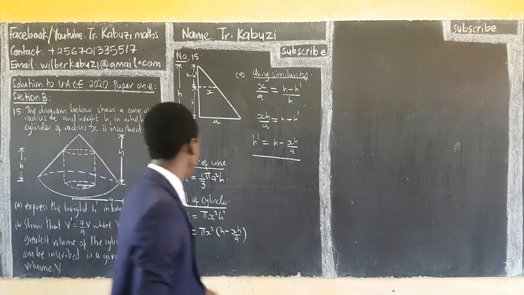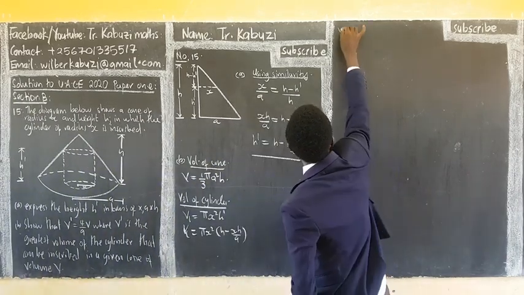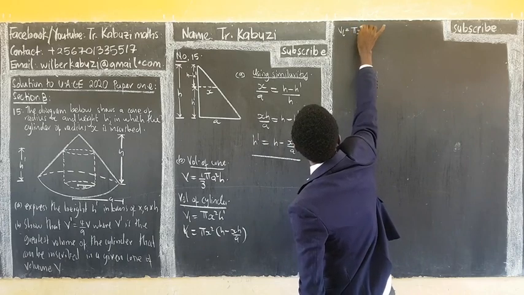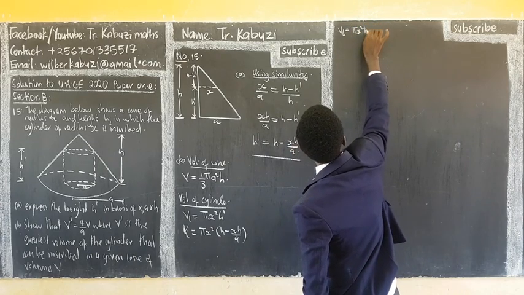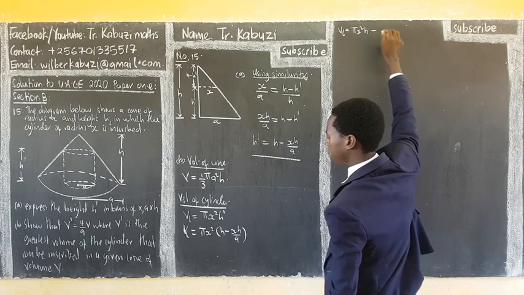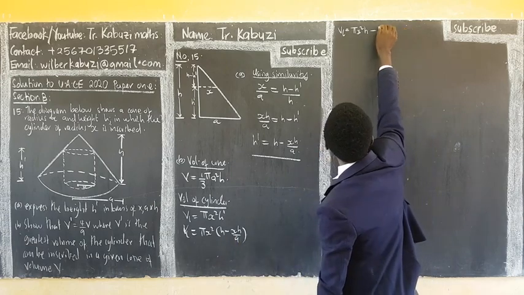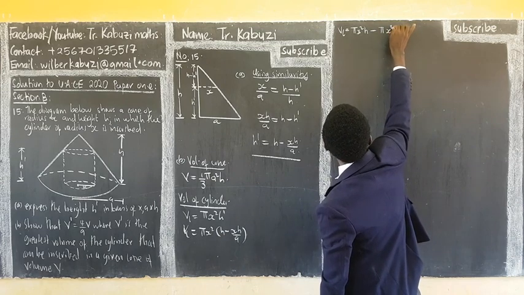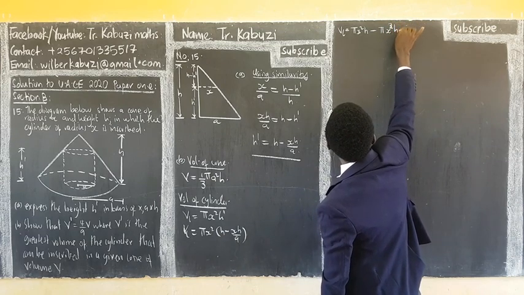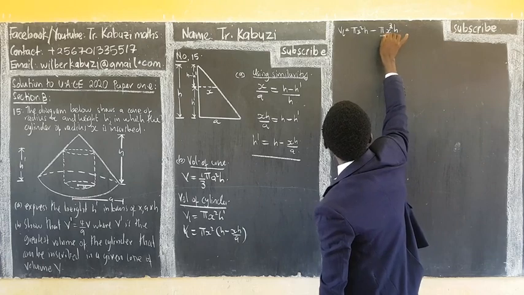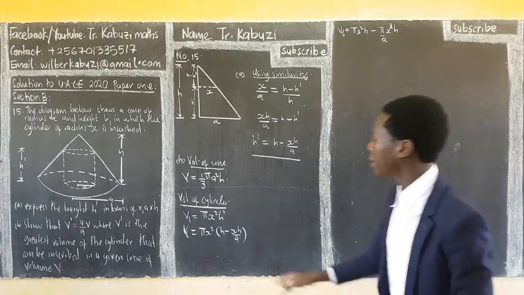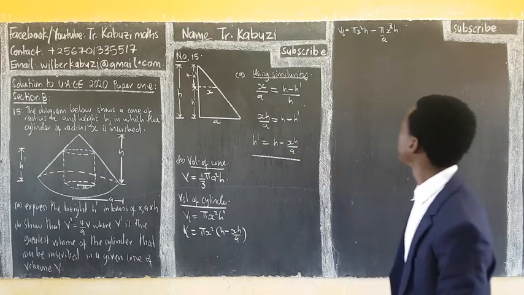So allow me to open brackets there. My VL is going to be pi x squared h, then minus pi x cubed h, the whole over a. Open brackets, this x and this x give you x cubed.